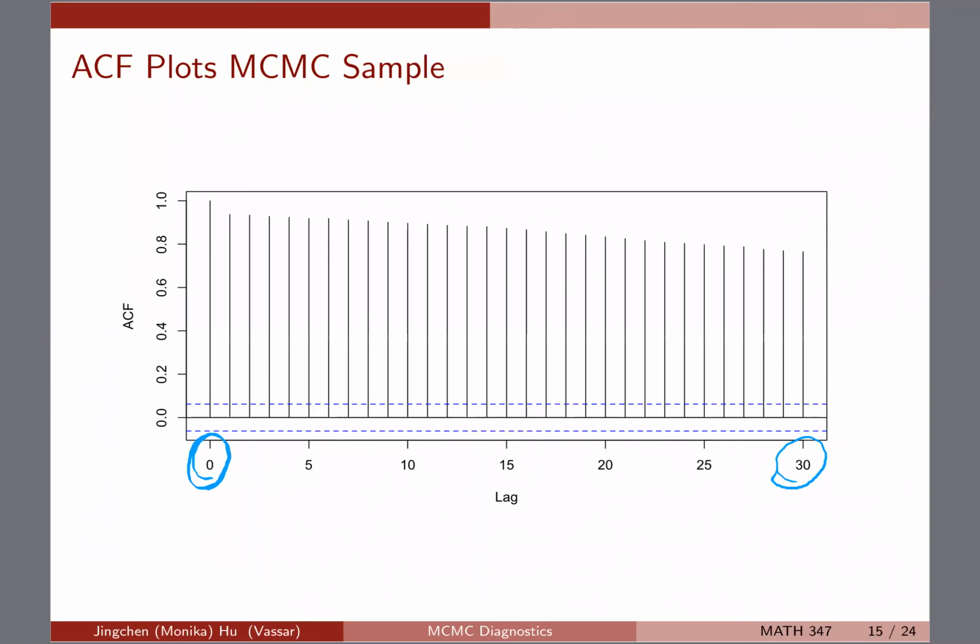So this plot is an indicator telling you that saving every 30 draws is far from good enough. Because it's T and T plus 30, this is the lag. Think of it as evaluating the difference between T and the next T. Based on this ACF plot, I think even saving every 50 is probably not good enough either.